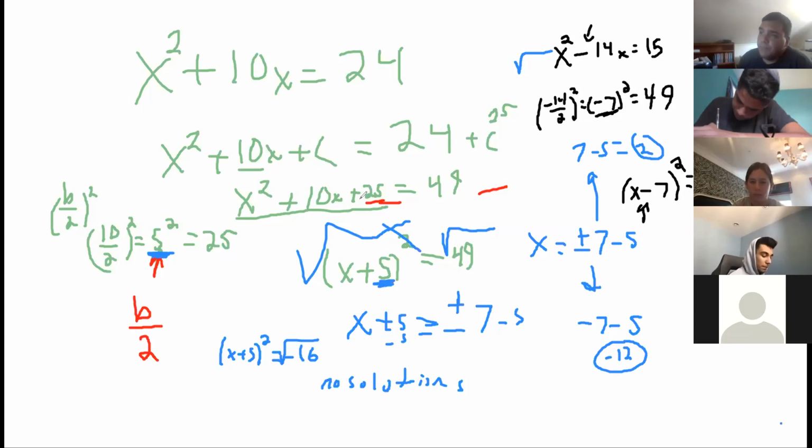Jonathan, what's up? So far, C squared minus 14C plus 49 equals 15 plus 49. I made that into C squared minus 14C plus 49 equals 64. Now, what do I do from there? So how can you factor, or how could you rewrite x squared, I'm going to use x, x squared minus 14x plus 49?